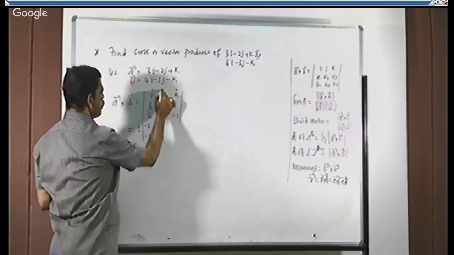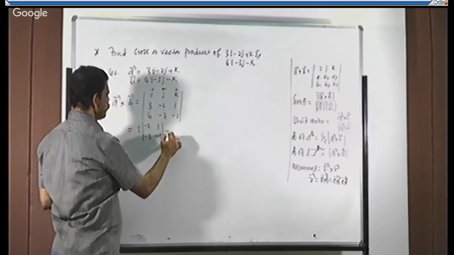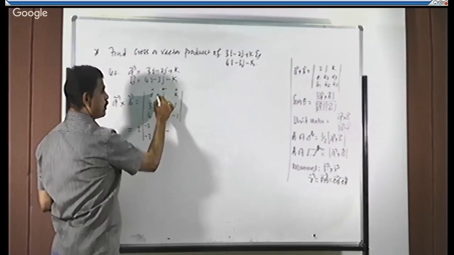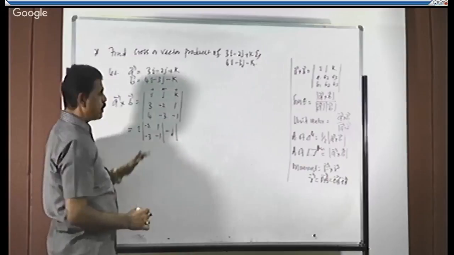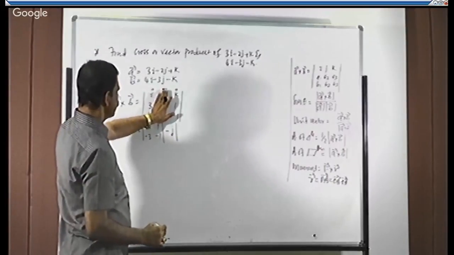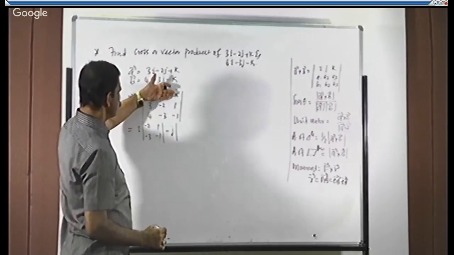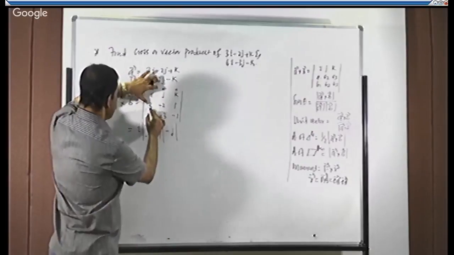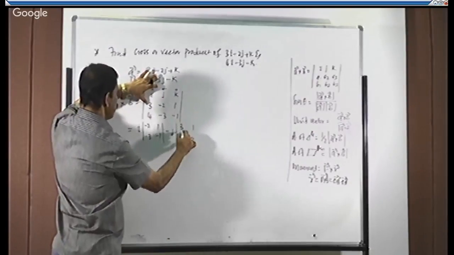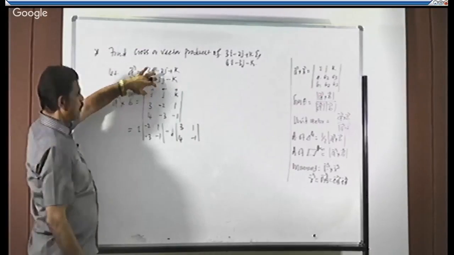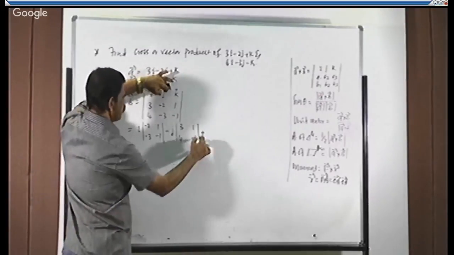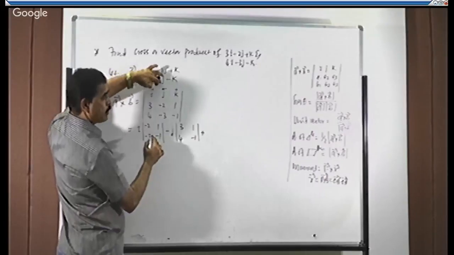Next, what is the sign? It is minus. Which is the second element in this first row? j. Leave the corresponding column and row of j. The remaining elements are 3, 1, 4, minus 1. Plus, alternately you take plus, minus, plus.